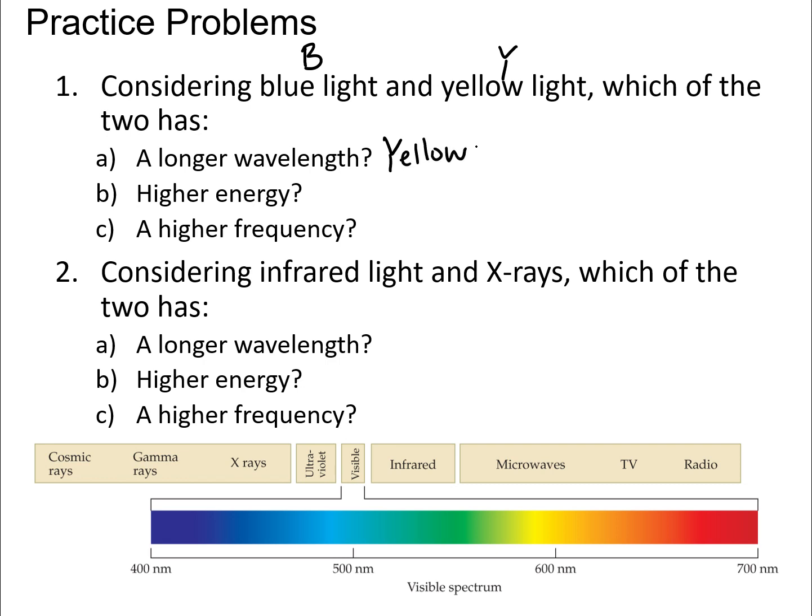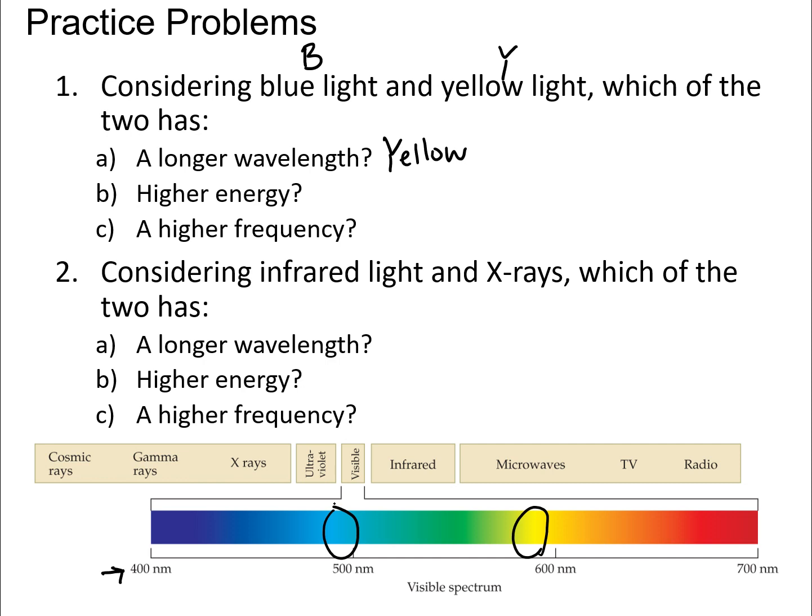It's going to be yellow. Yellow has a longer wavelength. And you can even see it here because I have the nanometers associated with the wavelengths for the colors. So yellow is close to the 600 range, and blue is more of the 500-ish range.